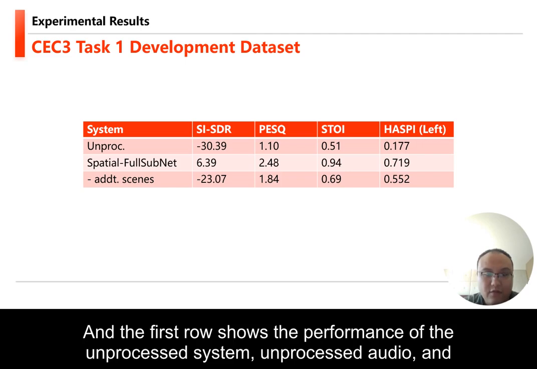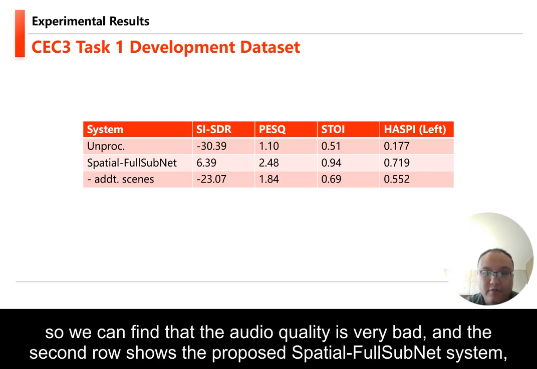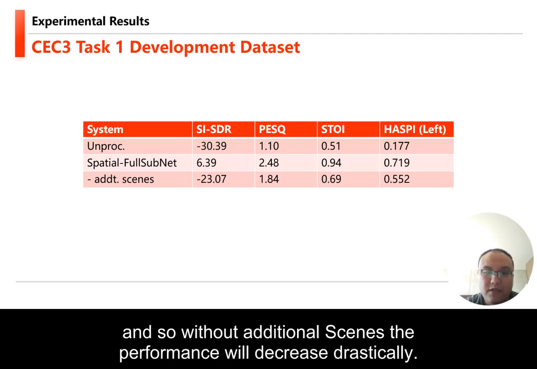The first row shows the performance of the unprocessed audio, and we can see that the audio quality is very bad. The second row shows the proposed spatial full subnet system. If without additional data, the performance decreases drastically.